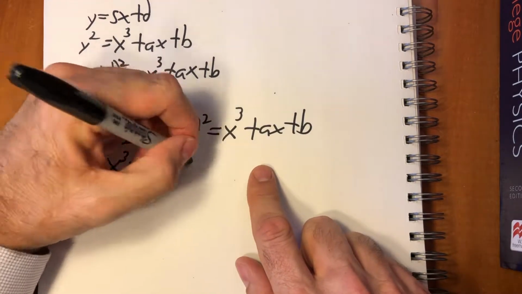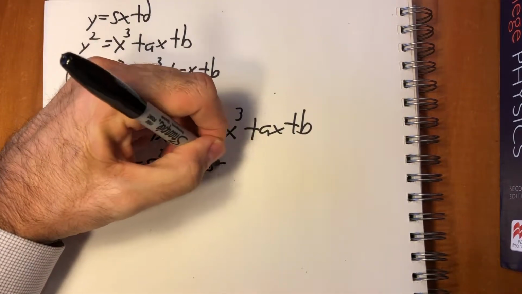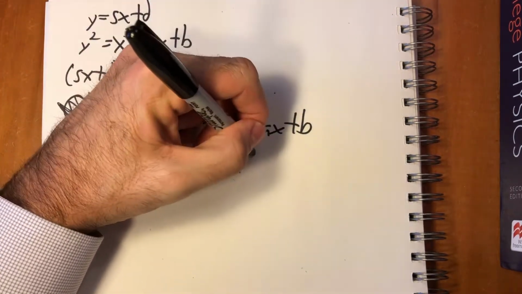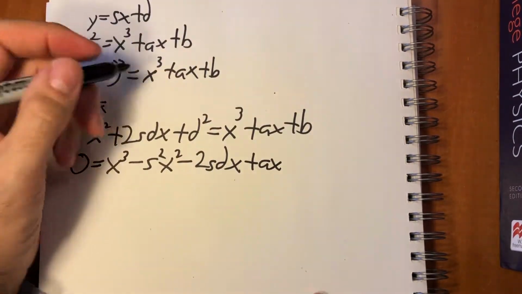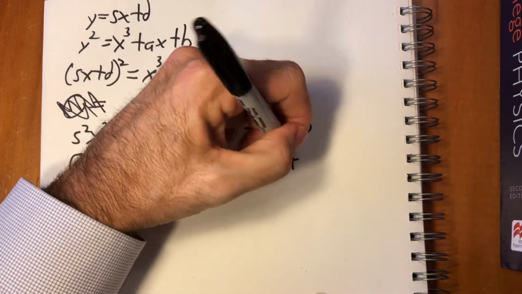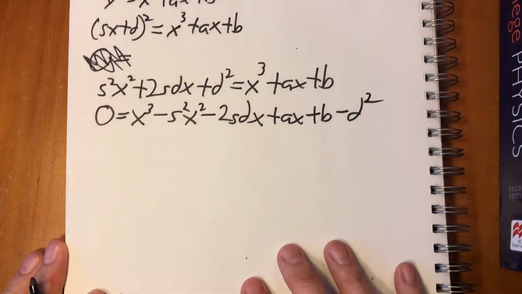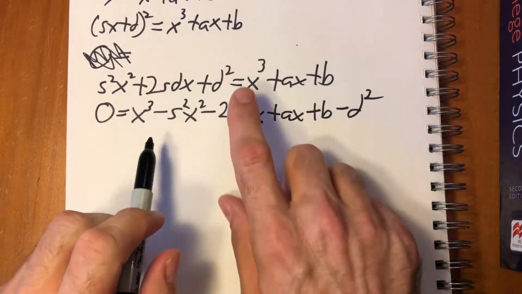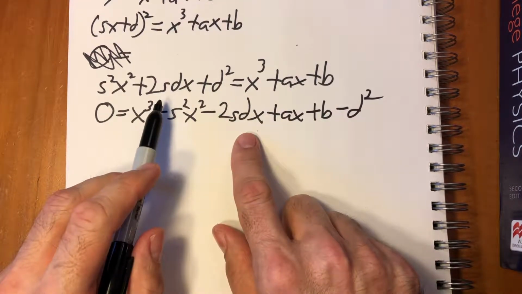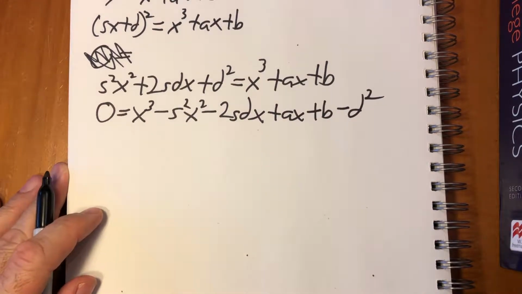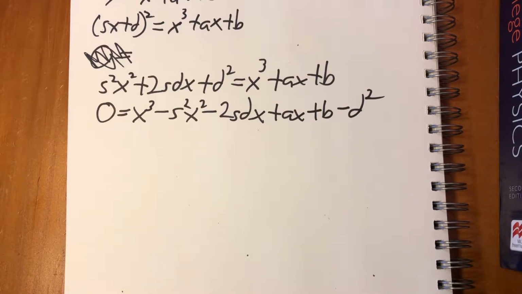Then we have minus 2sdx plus ax plus b minus d squared, right? Boom, boom, boom, boom. Okay. Now gather terms again.